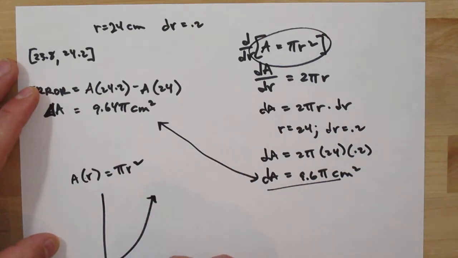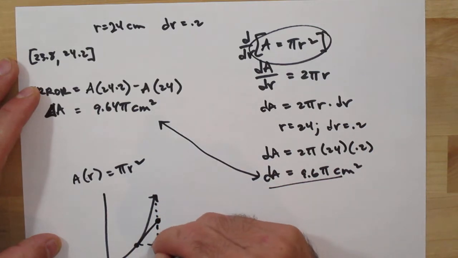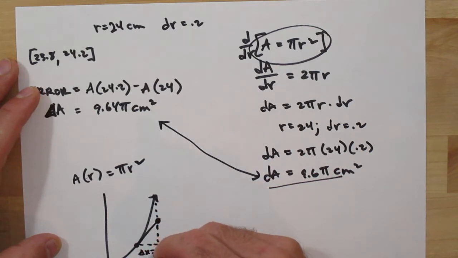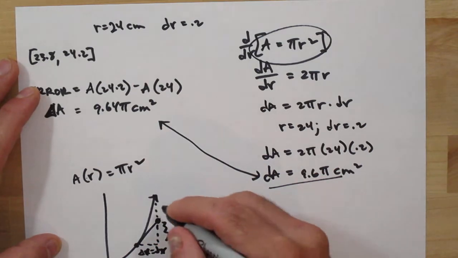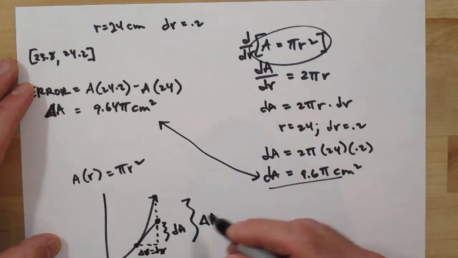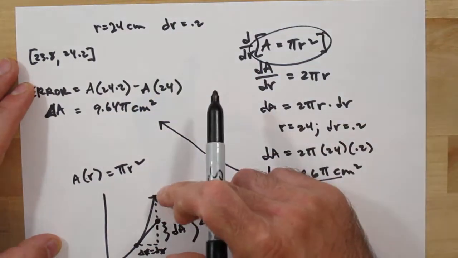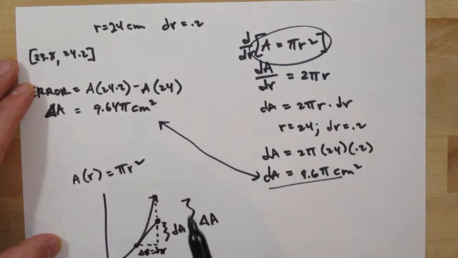So if this is 24 and this is 24.2, clearly the tangent line, if this is delta r equal to dr, this right here is dA, and this right here would be delta A. You can see 9.64 pi is greater. That distance is greater than that distance.